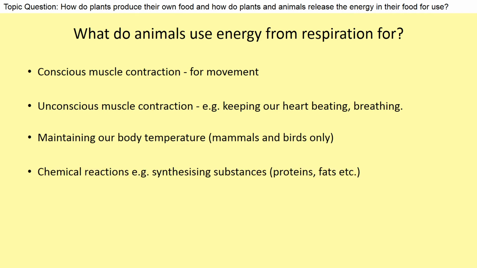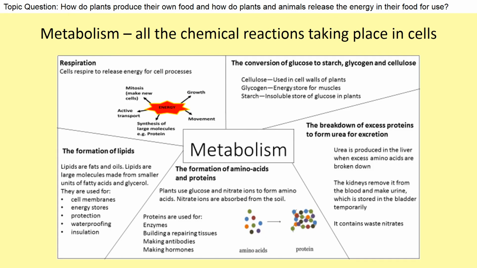And then chemical reactions. So they need to make things like proteins and fats and so on. These chemical reactions would be our metabolism. So your metabolism is all of the chemical reactions that are taking place in your cells.